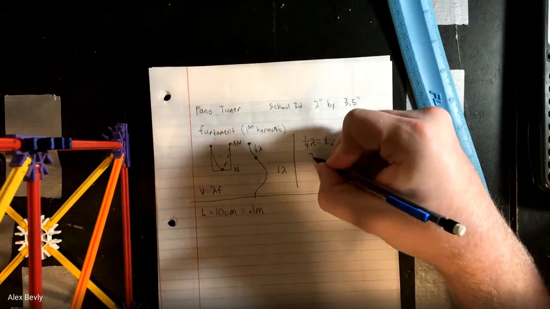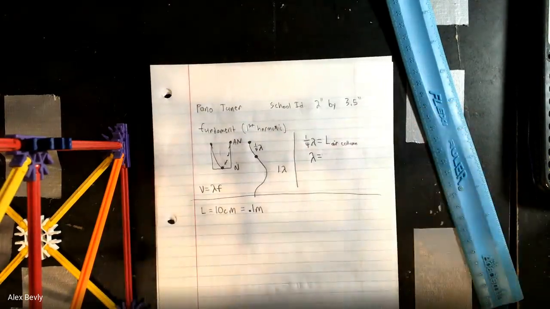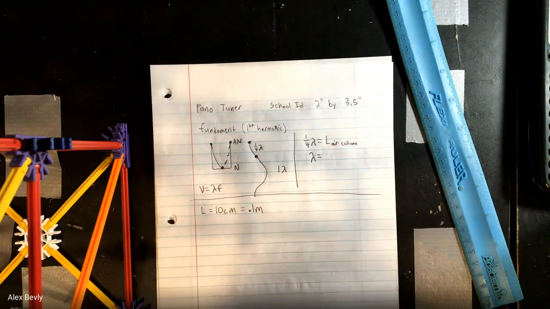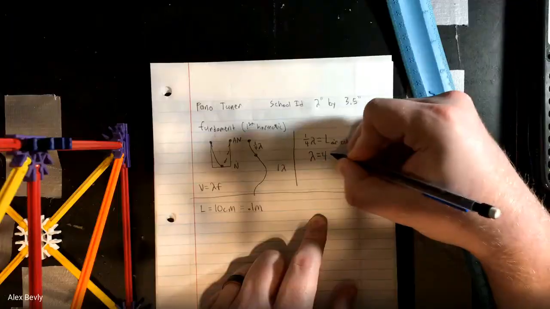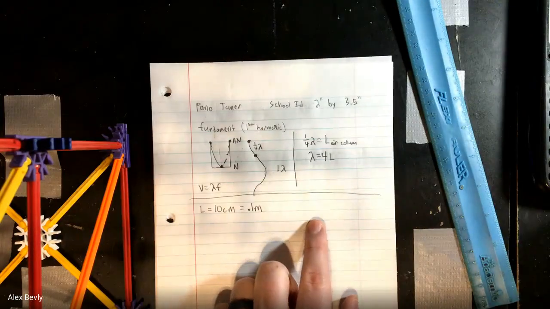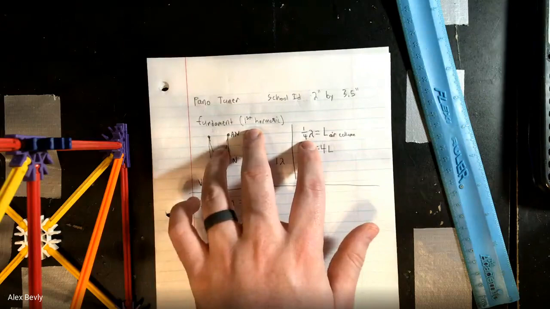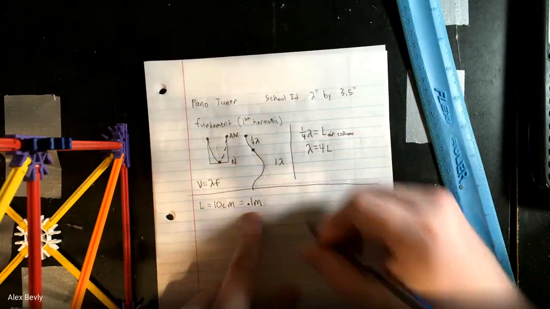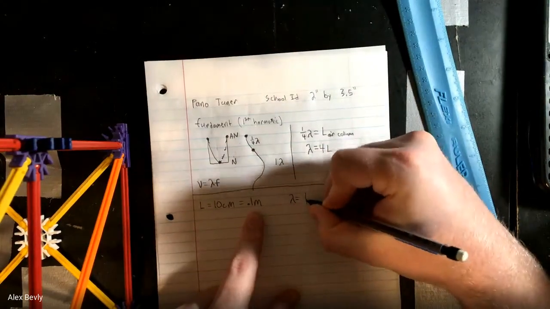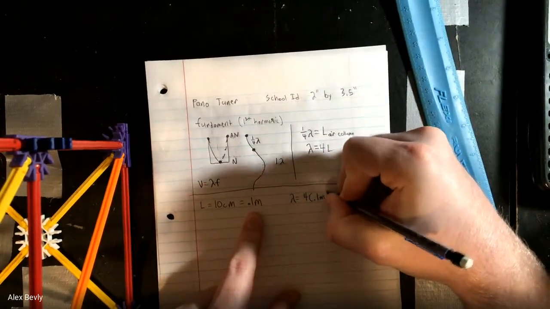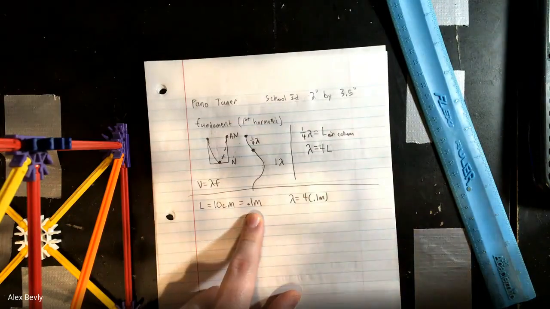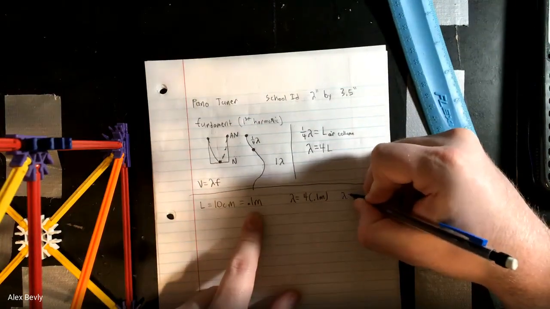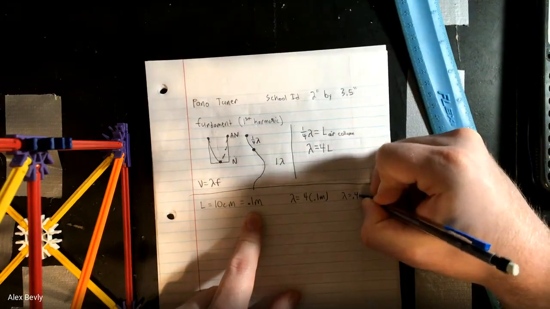The wavelength equals four times the length, right? And again, you're not going to have to do this on your test. This is why I'm just kind of giving this to you. So we're going to have to multiply this number times 4. Our wavelength is going to be equal to 4 times that 0.1 meters. So my wavelength is going to be 0.4 meters long here.